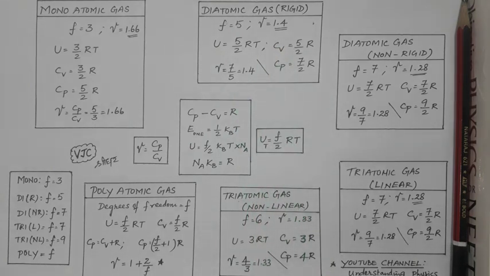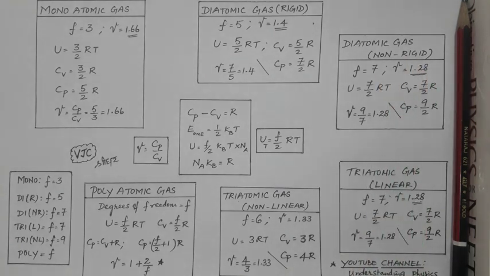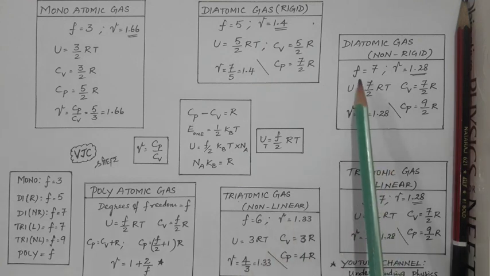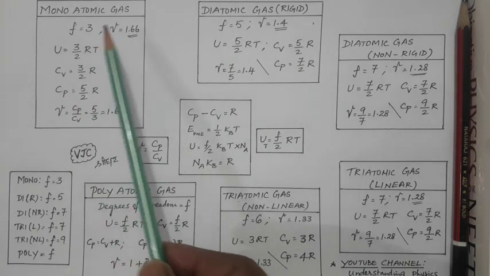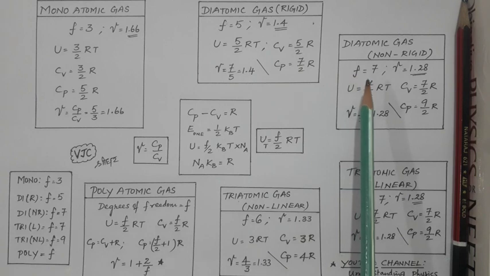Now, for the same diatomic gases, if the molecules are not rigidly fixed, a little bit of flexibility is there, then the degrees of freedom rise to 7. You see, monatomic is 3, diatomic rigid is 5 and diatomic non-rigid is 7. And again, the ratio gamma is 1.28.